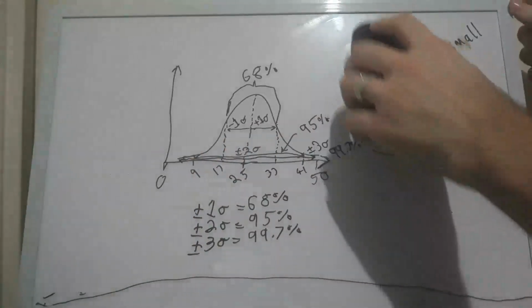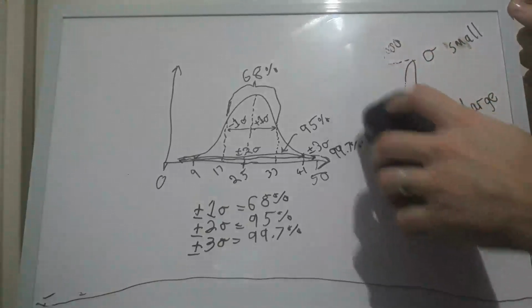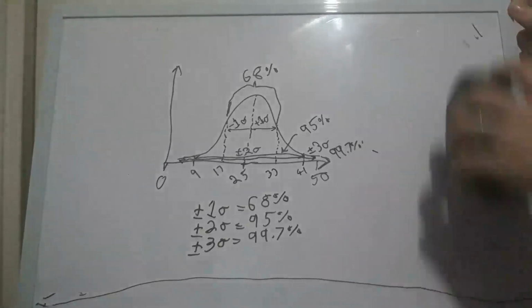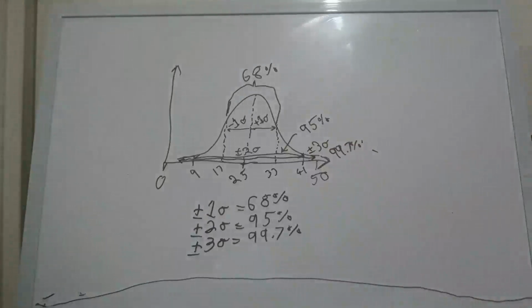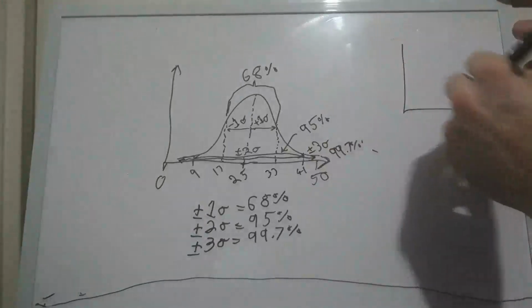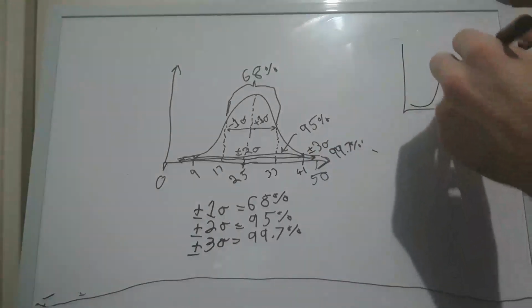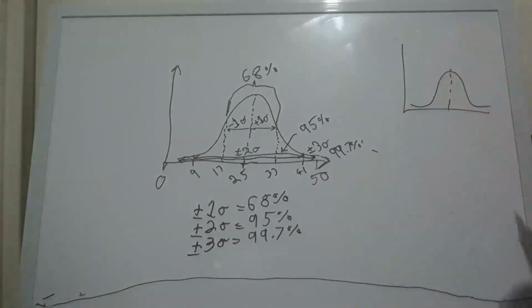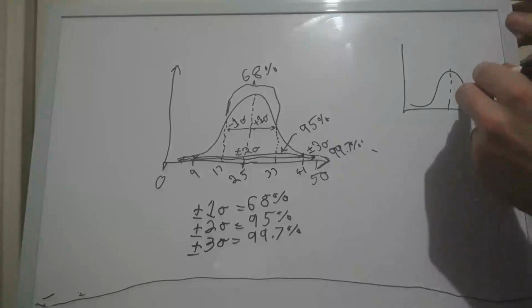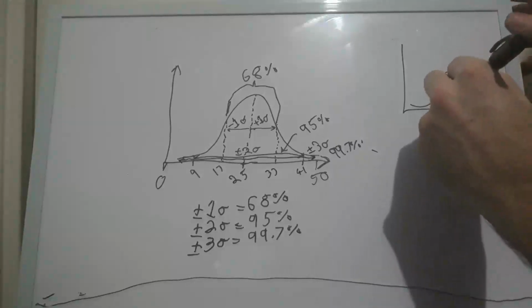Now, suppose for a moment we have another normal distribution, and let's say the question is something along the lines of: what percentage of people will have a study score between the median and one standard deviation above the median?